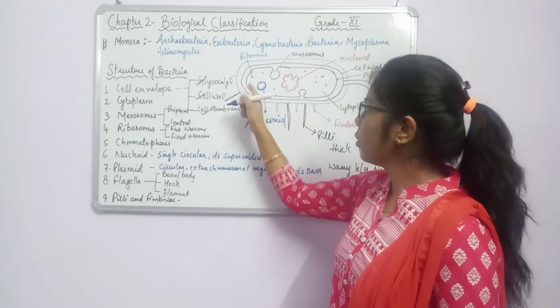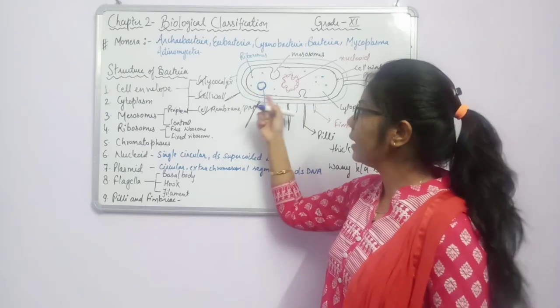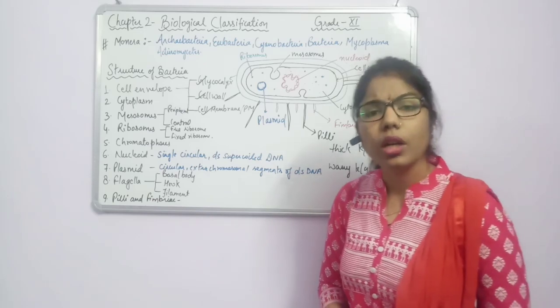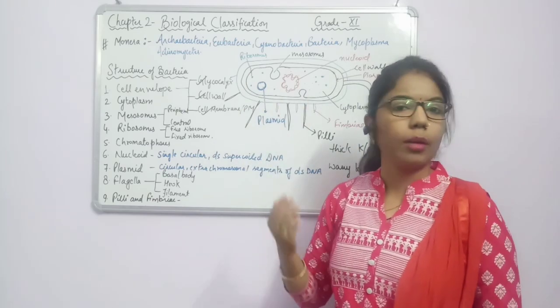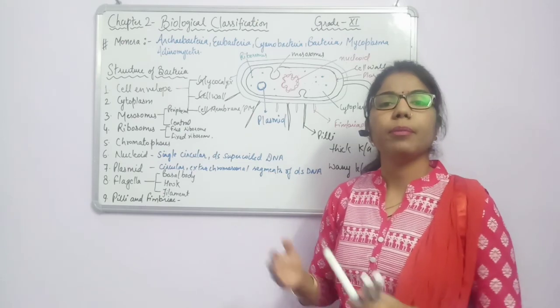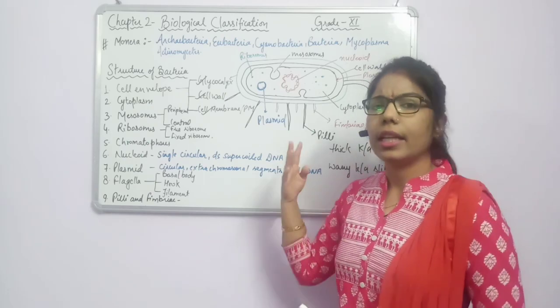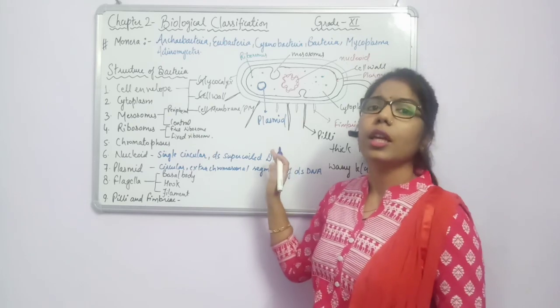When we are talking about the cell wall of the bacterial cell, this cell wall is made up of peptidoglycan. We have done that peptidoglycan is peptide plus glycan. In peptide we have done 4 amino acids, and in glycan we have done N-acetyl glucosamine and N-acetyl muramic acid.